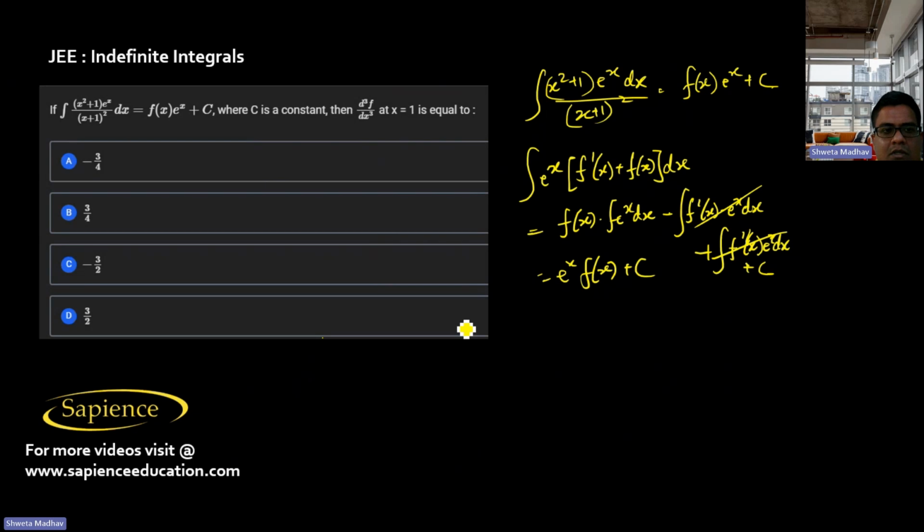So it means this function, the integral of e power x into (x square plus 1) by (x plus 1) whole square, can be written in the form f dash x plus f of x.